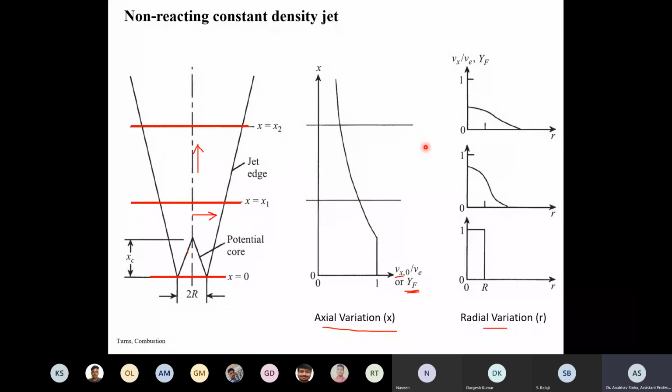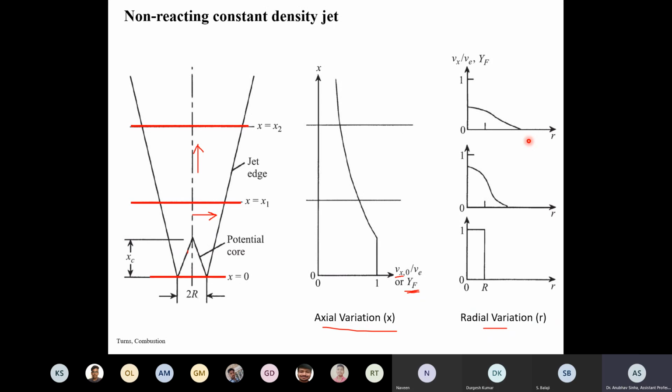What we are seeing here is that fuel is getting diffused. This is to explain what diffusion means. So assuming turbulence or any other factor is not there, fuel will still diffuse out. It will mix with the surrounding air. It will get entrained. This happens for non-reacting.